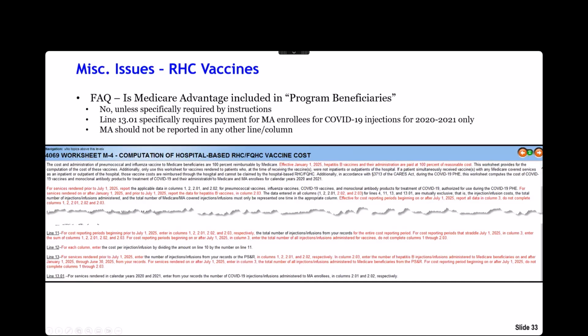So it's extremely clear that that is the rule. And then it also says, hey, there was some legislation that brought in MA enrollees allowed for that COVID-19 treatment for those 2 years. So sometimes the introductions to the instructions can give you some good information there, as well as the lines themselves.